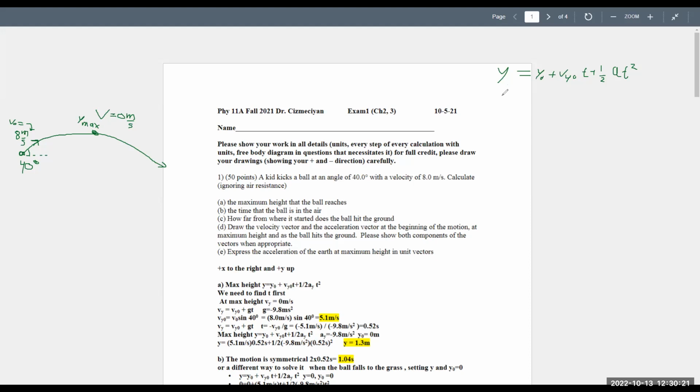And then we have v is equal to v naught plus at. This one we have v, that's here. We have v naught, that's here. And we have a, which is gravity, because we're doing positive directions here, so that means negative gravity.